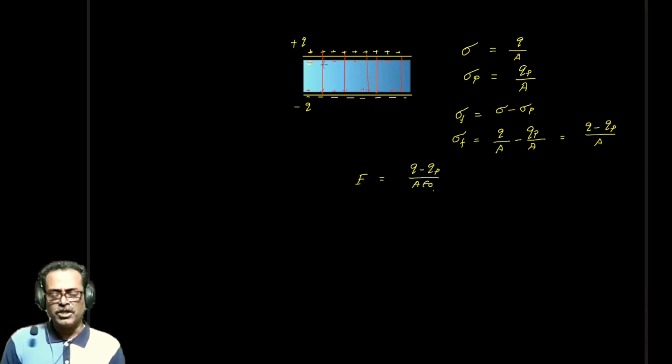Therefore, the potential difference across the dielectric slab is equal to Q minus QP by A epsilon 0 into d.